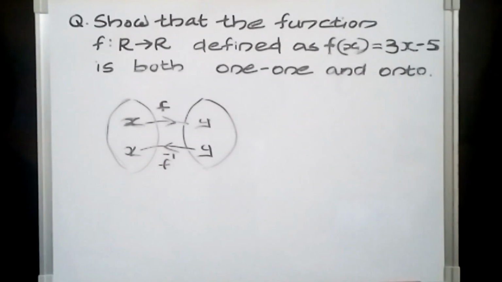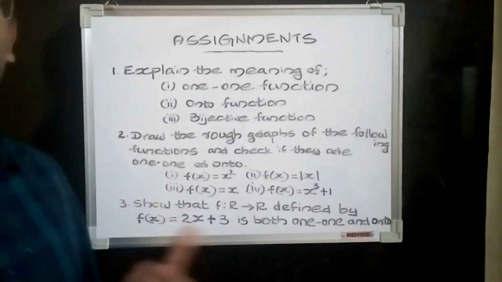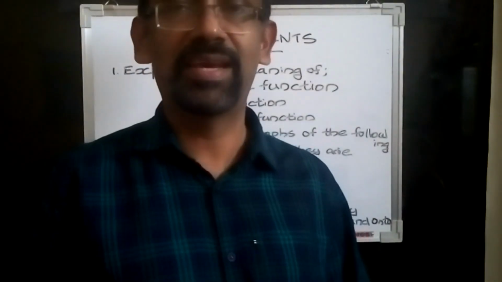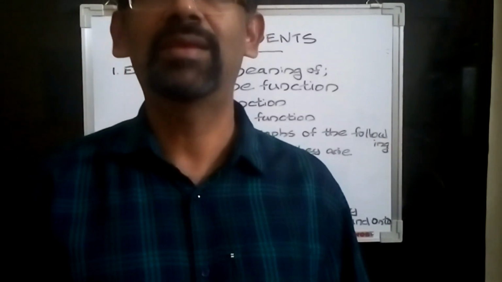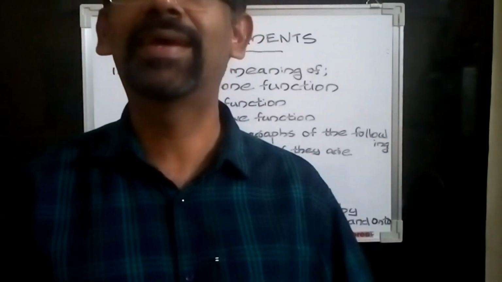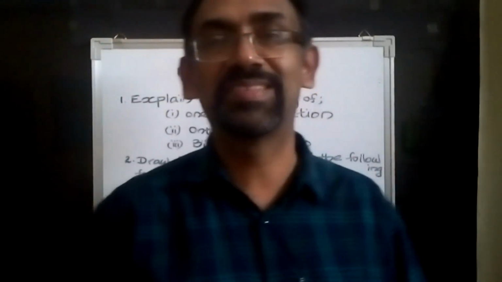For it to happen, the function should be both 1, 1 and onto. Now, the section on types of functions is completed. I think you have got a clear idea. If not, please go through the chapter again. And thank you.